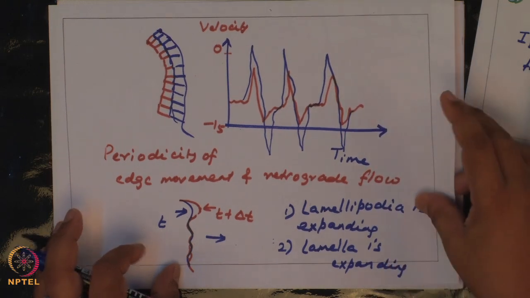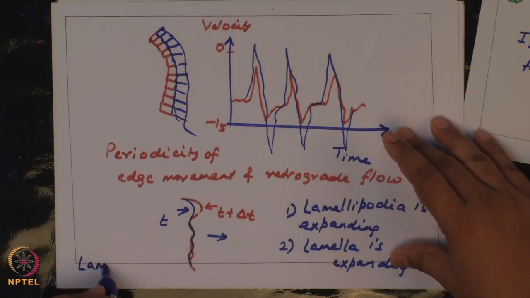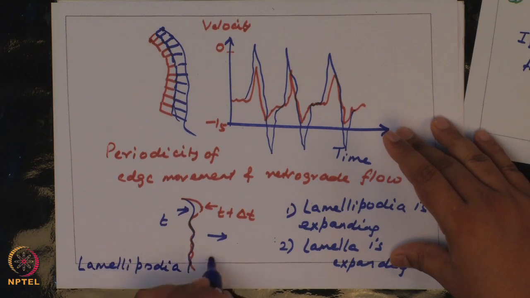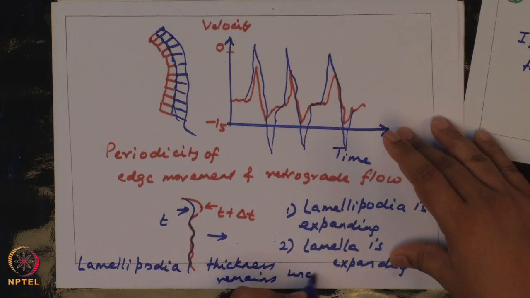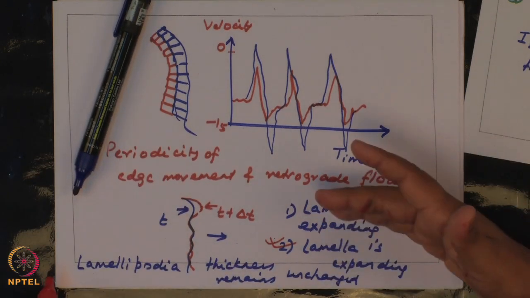What the authors found was the lamellipodial thickness remains unchanged. So, this would mean that the lamella is expanding, and any local deformation is associated with edge displacement followed by expansion of the lamella.